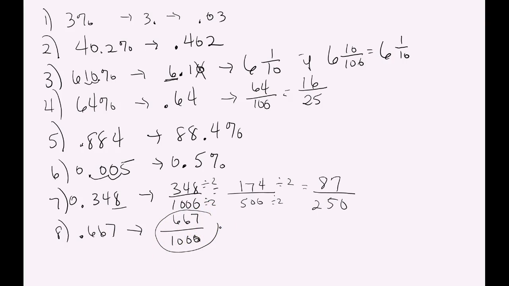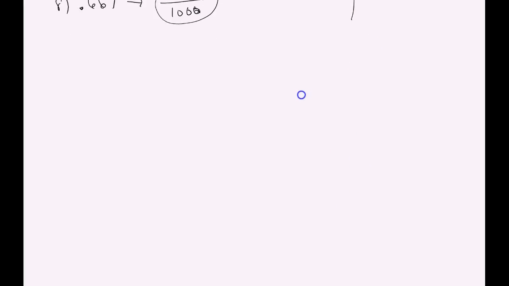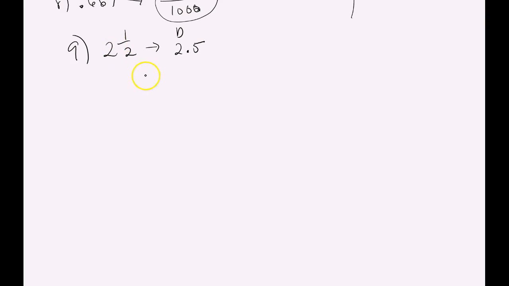Okay, so now let's see what is next. That was number 8. So number 9 wants you to write this as a percent. The way that I would do this is to first turn it into a decimal. This is 2.5, okay, because 1/2 is 0.5.